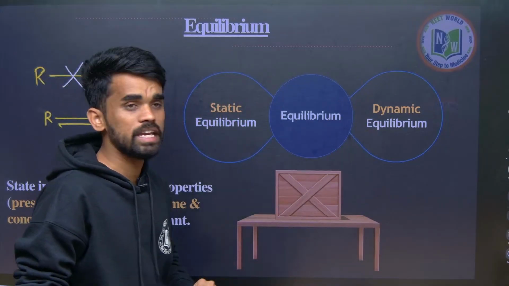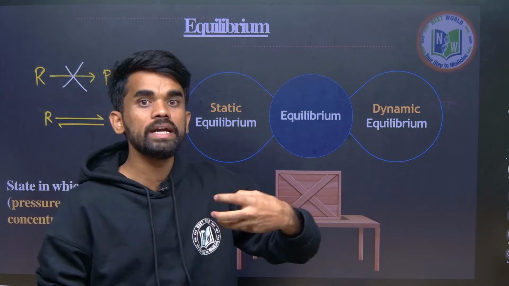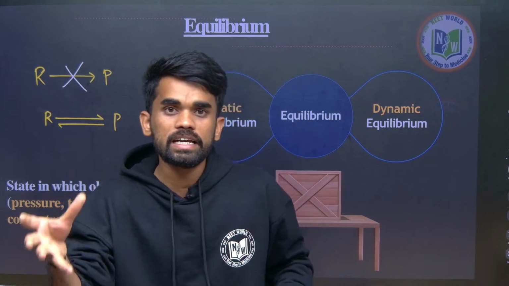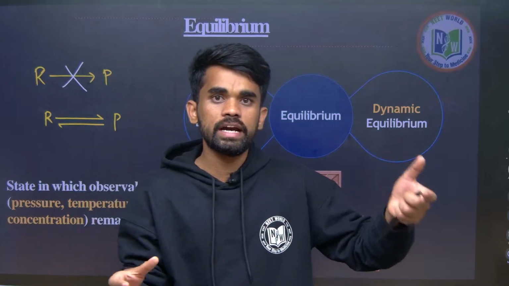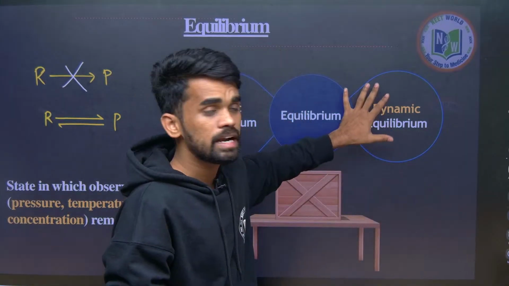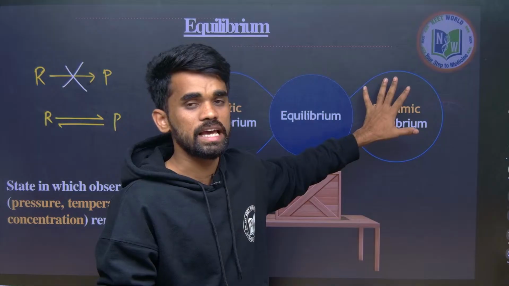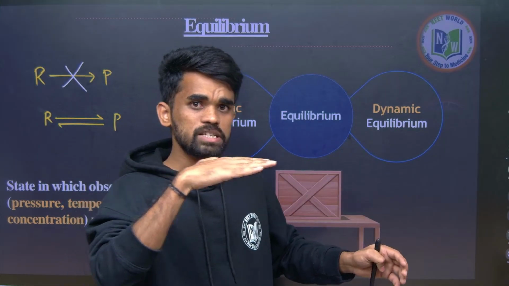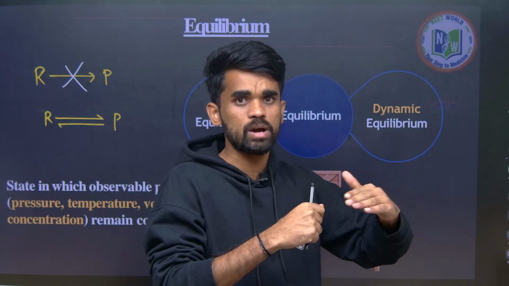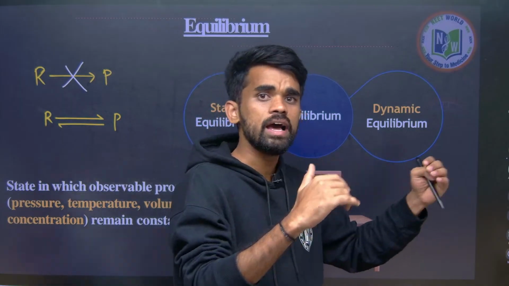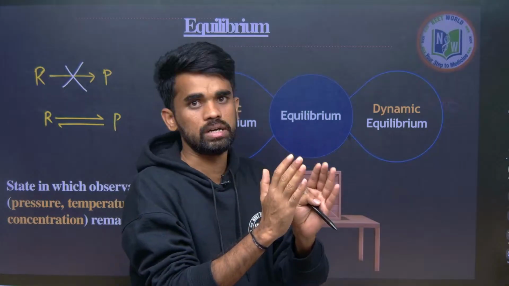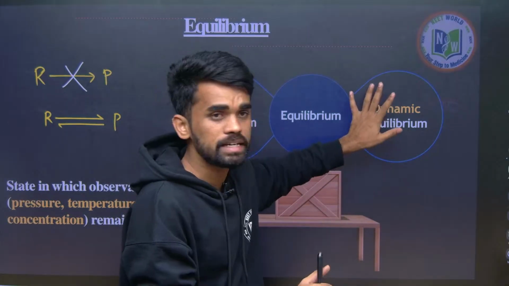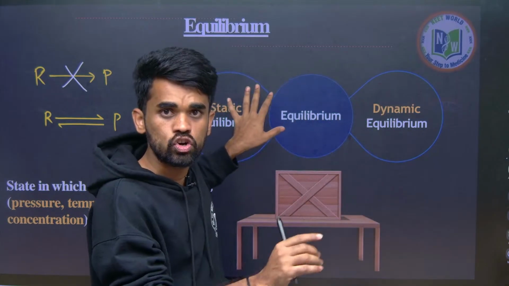When it comes to dynamic equilibrium, there is some movement in the reaction. It means the rate of forward reaction is equal to the rate of backward reaction. In dynamic equilibrium, the reaction takes place forward as well as backward, and the rates of forward and backward are equal.